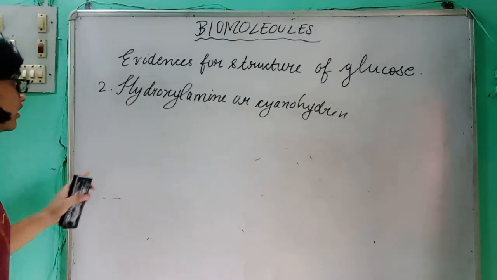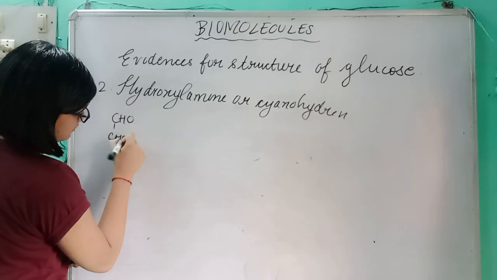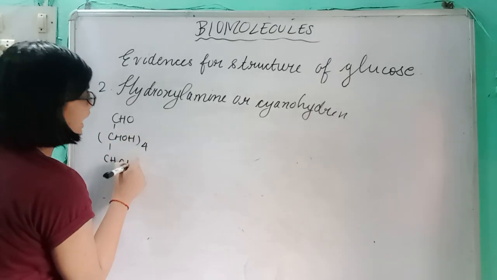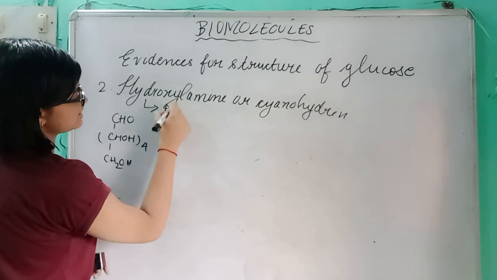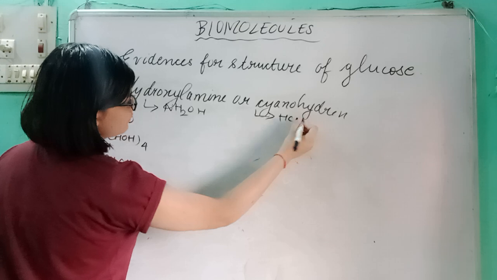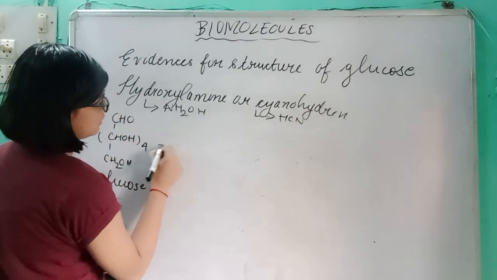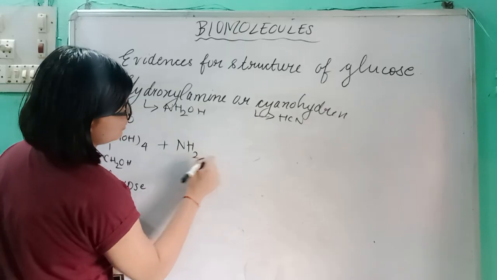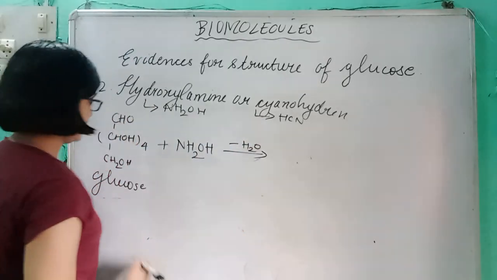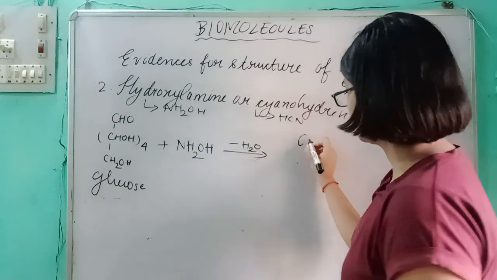When glucose reacts with hydroxylamine, the structure of hydroxylamine is NH2OH and cyanohydrin is HCN. So, when glucose reacts with hydroxylamine NH2OH, D-glucose oxime is formed. This is the structure.